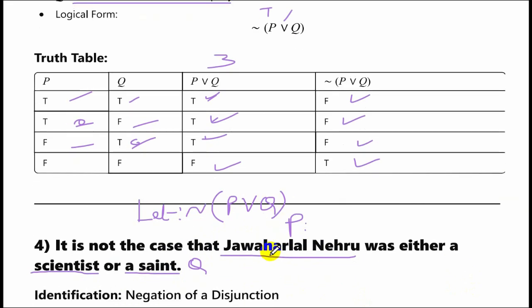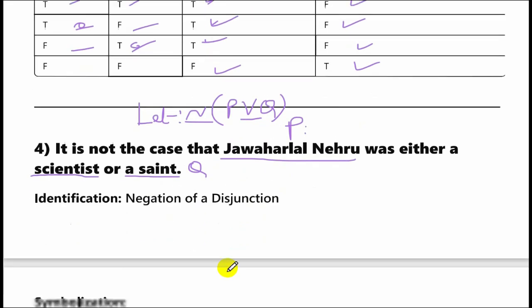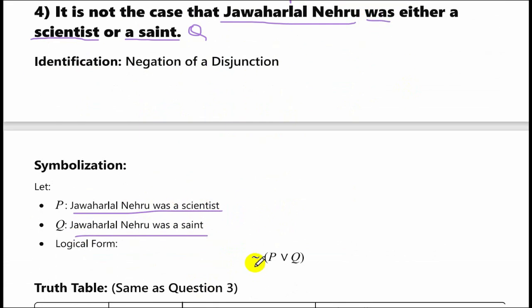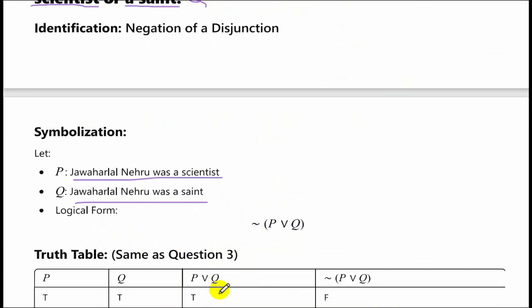Okay. So it's a negation of a disjunction. So Jawaharlal Nehru was a scientist, Jawaharlal Nehru was a saint. And then we say no, he was not. This is the same as the previous question's truth table.